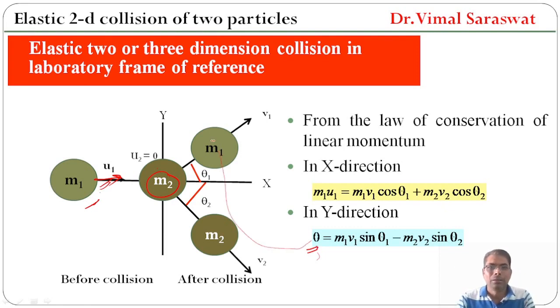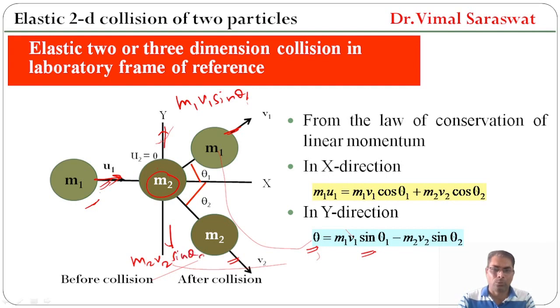The component of linear momentum of this body along y is m1 v1 sin θ1, and the component of the other body along the negative y direction is m2 v2 sin θ2.